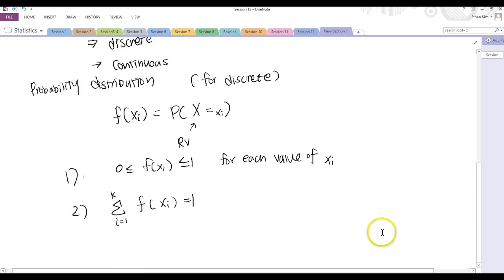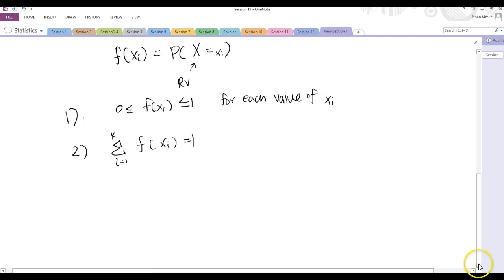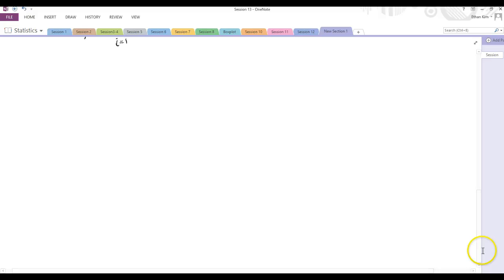Okay, so let's now look at an example. This is a frequency distribution for magazine subscription.